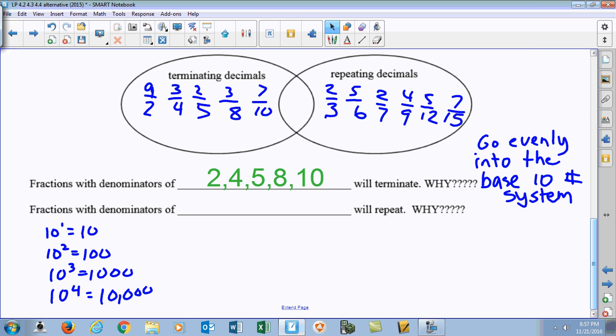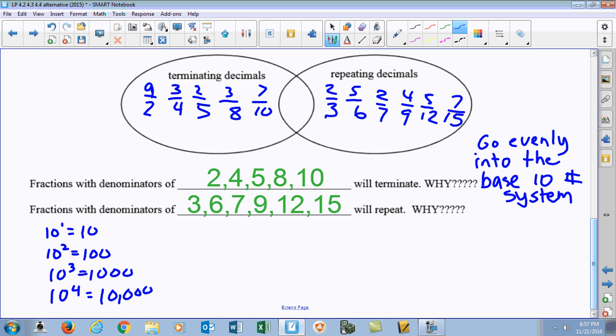So now take a look at the repeating decimals. The repeating decimals are 3, 6, 7, 9, 12, and 15. Up above, 3, 6, 7, and 9 because we didn't have as many numbers as below. The reason they will repeat is because these numbers do not go evenly into the base 10 number system.